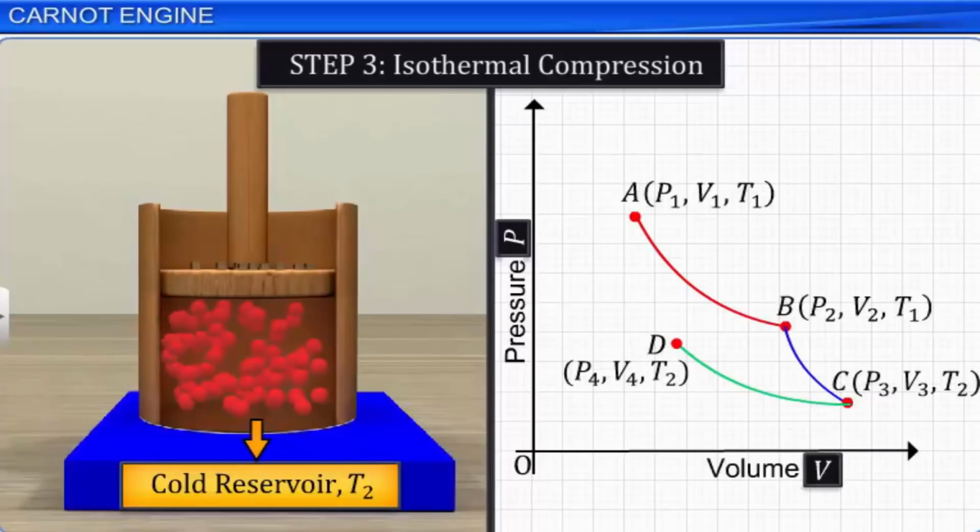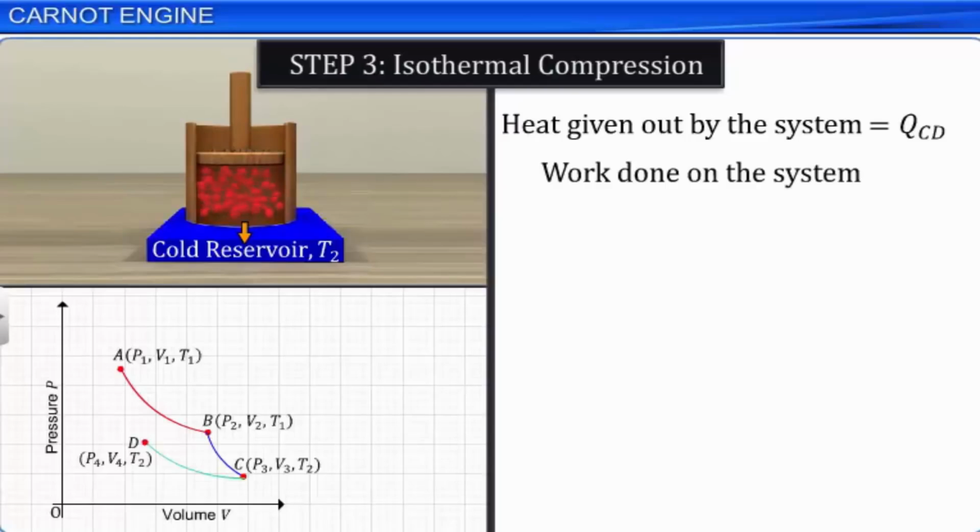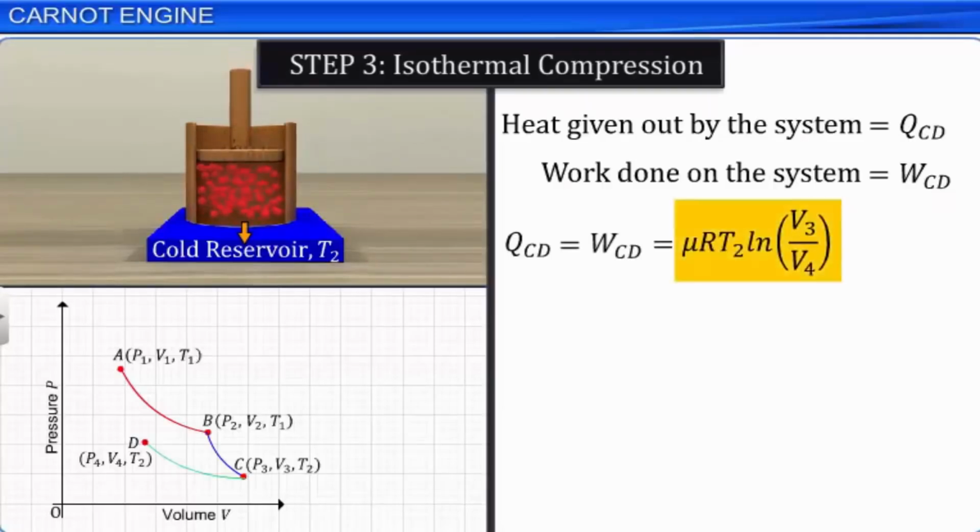Let the heat given out by the system to the cold reservoir be Q_CD and the work done on the system be W_CD. Since the process is isothermal, Q_CD is equal to W_CD, which is equal to μRT2 ln(V3/V4). Let this be equation 4.